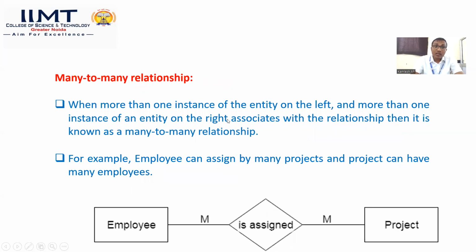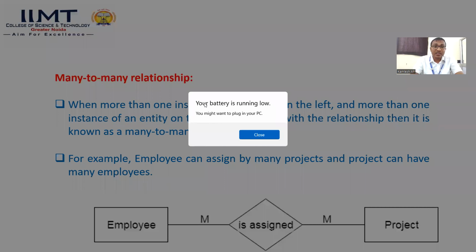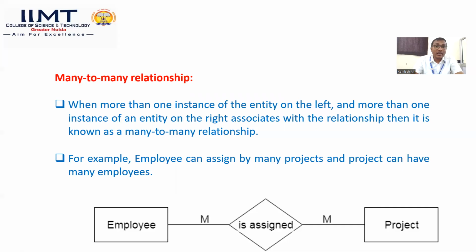Many-to-many: when more than one instance of the entity on the left and more than one instance of an entity on the right associates with the relationship, then it is known as a many-to-many relationship. For example, an employee can be assigned to many projects and a project can have many employees.